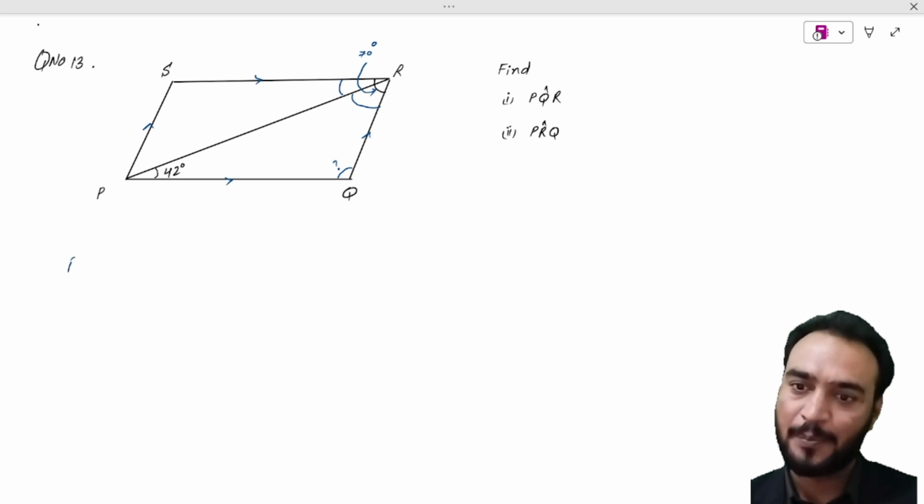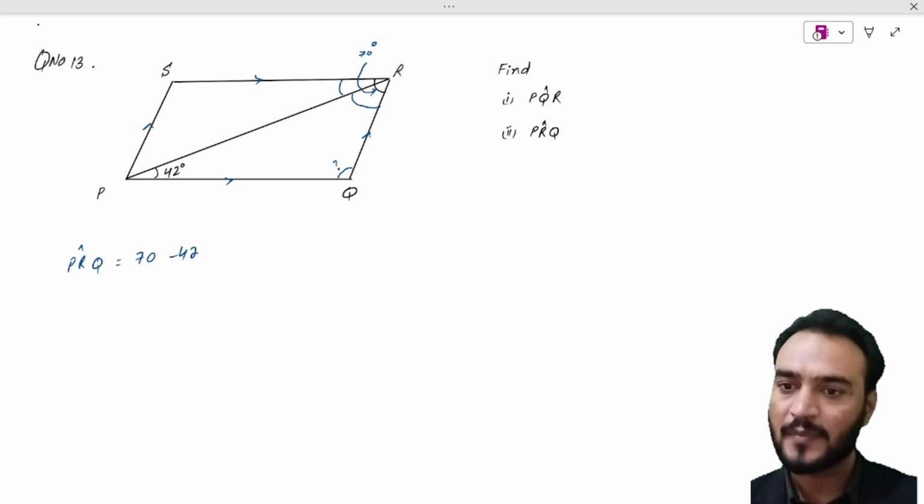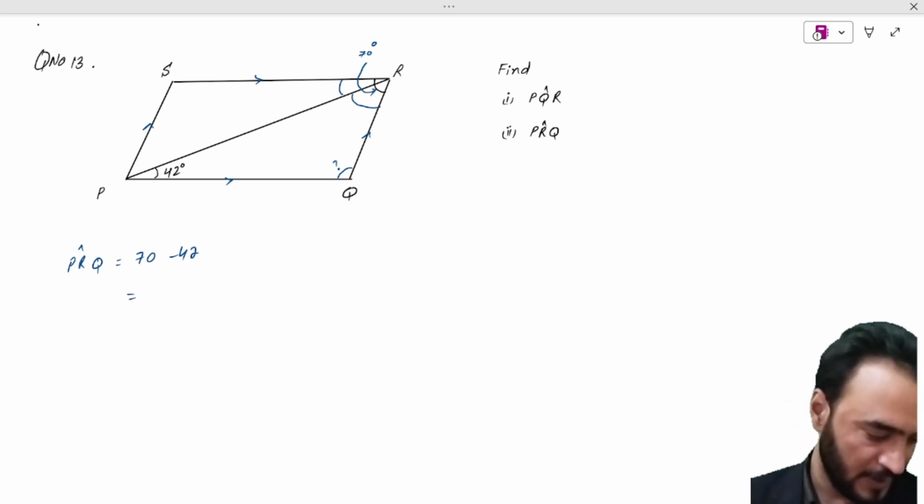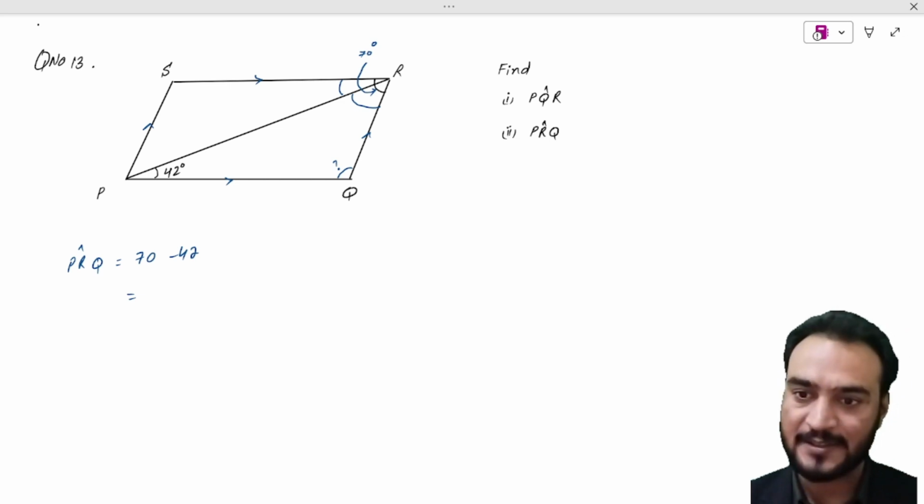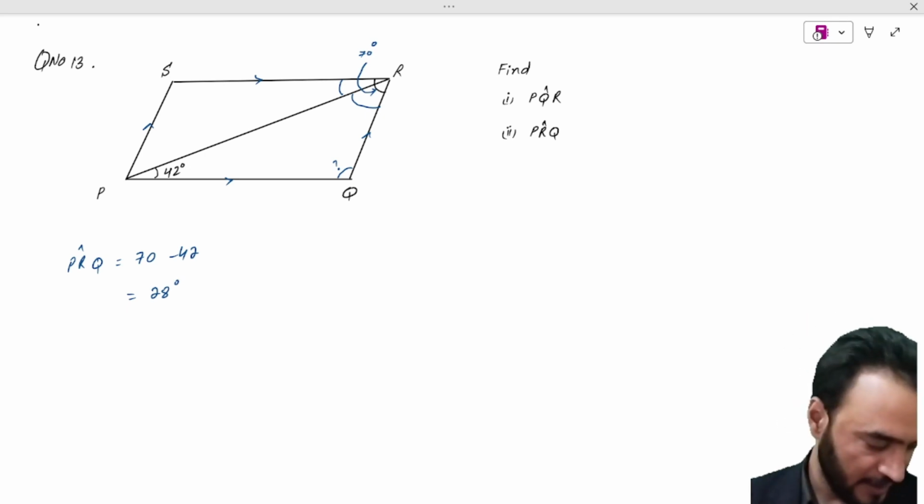So the angle PRQ is equal to 70 degrees minus 42 degrees, and angle PRQ becomes equal to 28 degrees. So this angle PRQ is equal to 28 degrees.